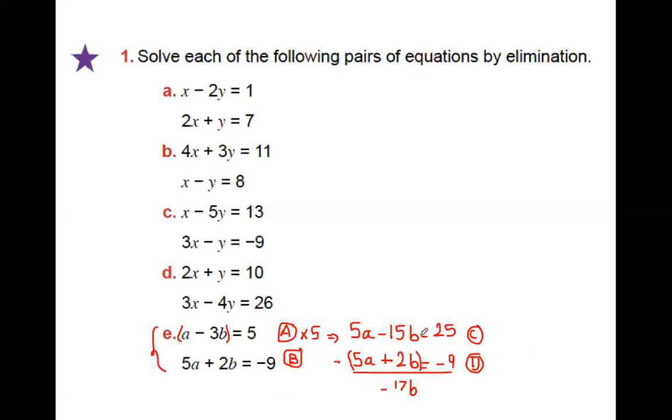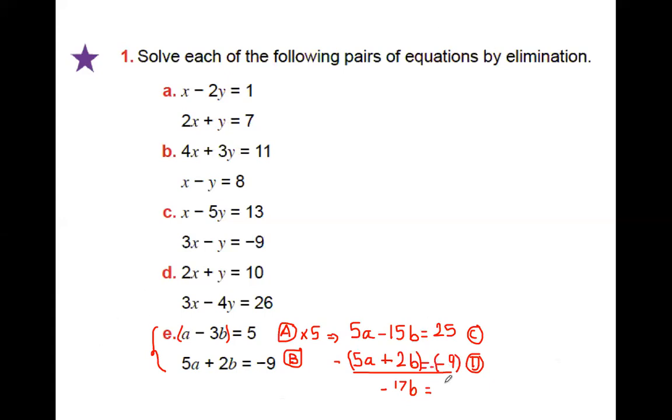Again, minus at the start, maybe it's safer to just put the minus in the bracket so you know what you're doing. And then the 25 take away negative 9 becomes 25 plus 9, yeah? 34, sorry.